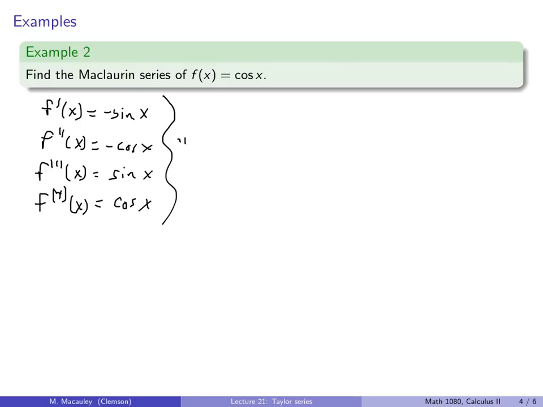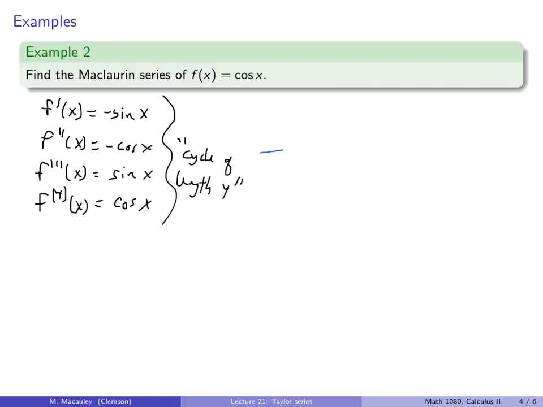So this is a cycle of length 4. And okay, so really all that we're worried about are these values evaluated at 0. So how do I want to say this? Let's do this.